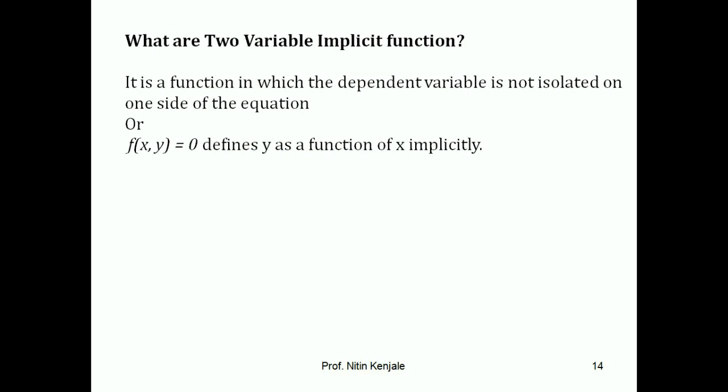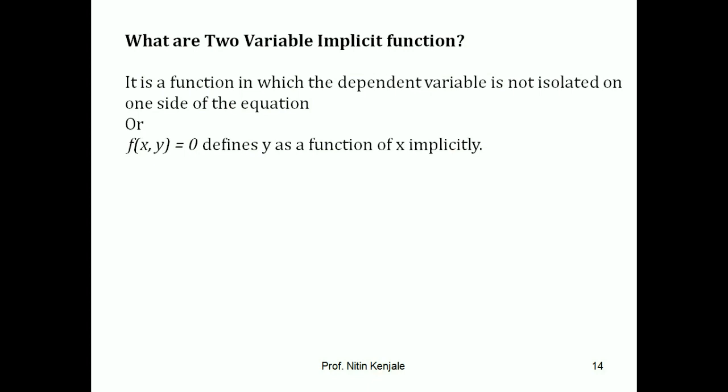Now let us see what are two variable implicit functions. It is a function in which the dependent variable is not isolated on one side of the equation, or simply these functions are not explicitly defined.